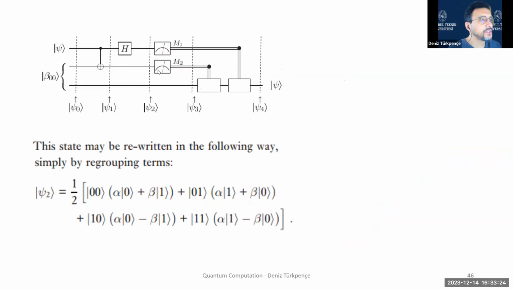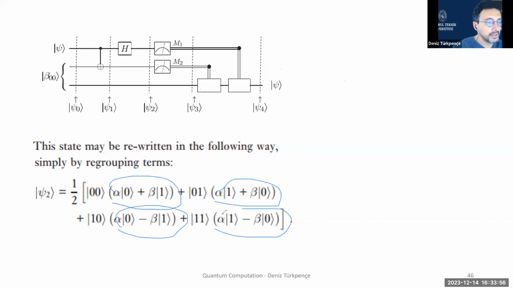Here, now we are ready to implement these local measurement operators. So in fact, Alice is applying these M1 and M2 measurement operators on her qubits. Now we have a huge superposition state, and these first 2 qubits are in pure states, and the final 3rd qubit is in a superposition state.